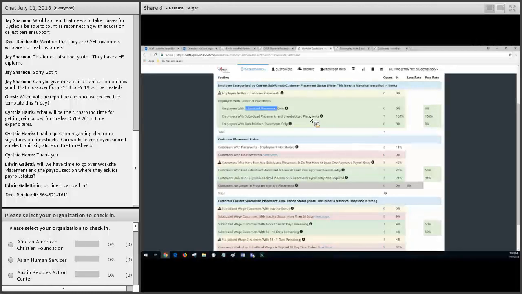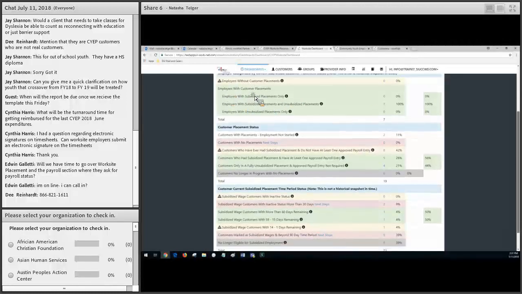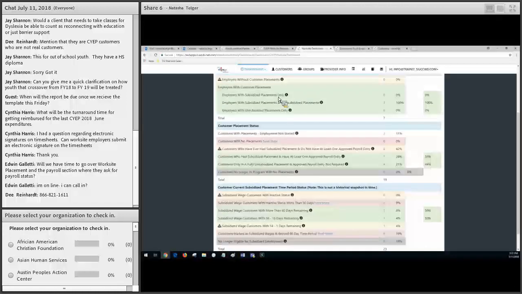Now, this just gives you an overview so you can see which employers have subsidized placements, which have subsidized and unsubsidized, because remember the goal is to transition all of them to unsubsidized or just have them be unsubsidized to begin with.